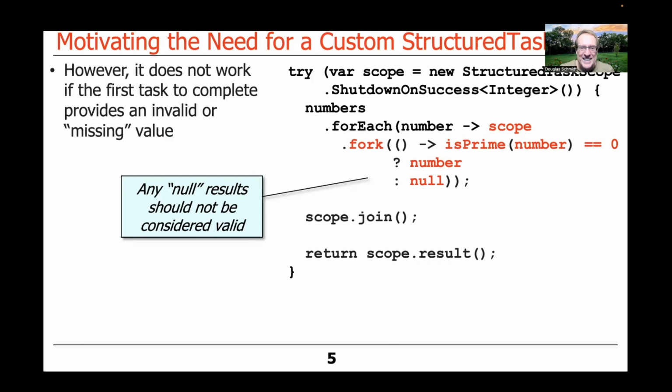But the problem with this is that the semantics of shutdown on success are simply, as long as we get a value back that's a value, could be an invalid value, could be a missing value, as is the case here, it's going to take the first thing that finishes successfully. And unfortunately, getting back a null isn't helpful if we wanted to return and stop at the first prime number. So this has got a problem.